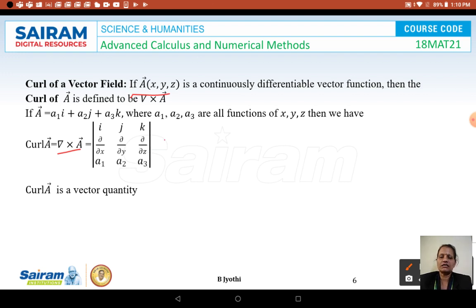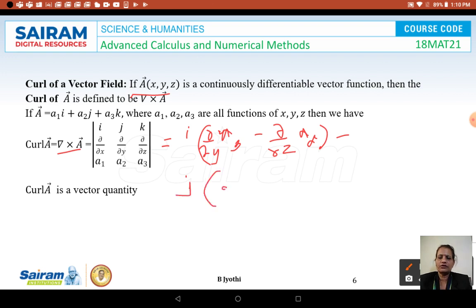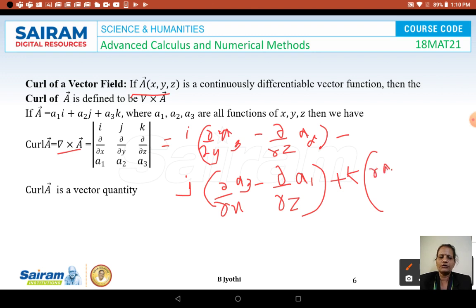How it has to be determined is nothing but i times dou by dou y of a3 minus dou by dou z of a2, minus j times dou by dou x of a3 minus dou by dou z of a1, plus k times dou a2 by dou x minus dou a1 by dou y.